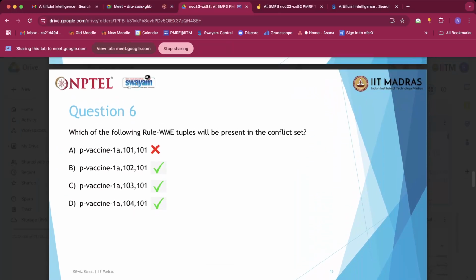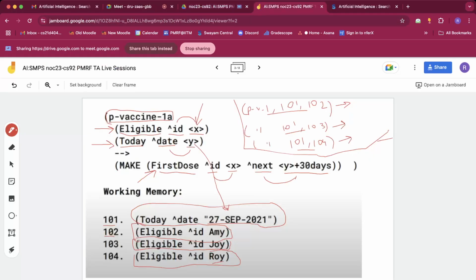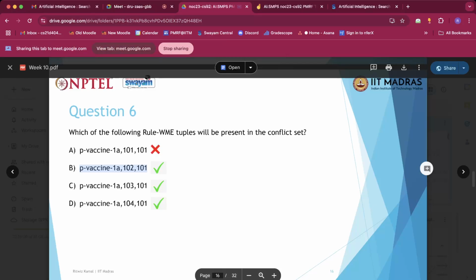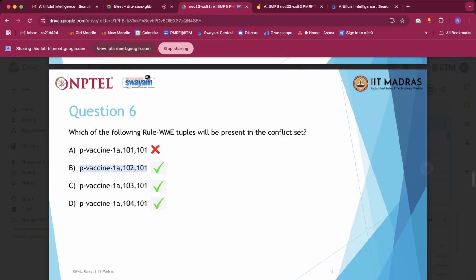And here is another point that I kind of missed and should tell you right now. Ideally, we should report the working memory elements in descending order when we are reporting a rule WME tuple. When I wrote this, I wrote 101 first. As per our understanding both are the same, but it's ideal to write the one with a greater timestamp before the one with the lesser timestamp.